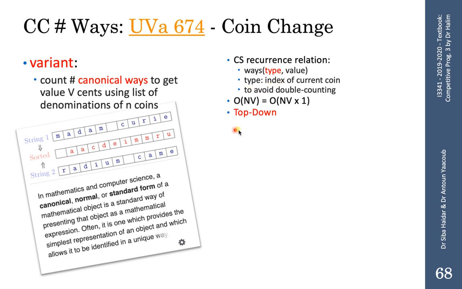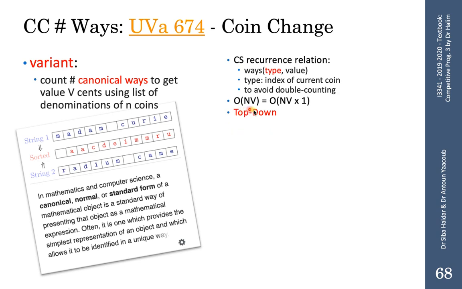Because we want to know at each iteration the index of the current coin we are studying, so as not to double count a state. And this is because we want the number of canonical ways. So we go from 1, 2, 3 to 5, or from 5, 4, 3 to 1, but not in arbitrary direction. Otherwise we are double counting the cases.